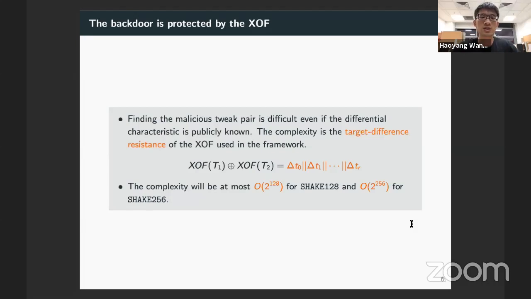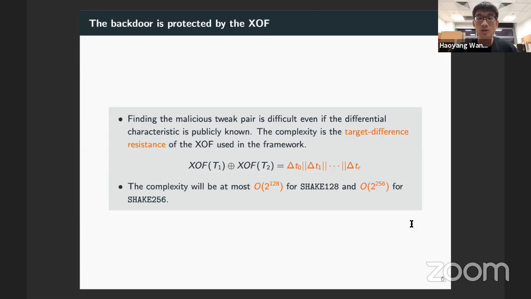Even if the differential characteristic is publicly known, that is, the plaintext difference, the internal state difference, and the subtweak difference are all known to the public, we show that it's still difficult to find the malicious tweak pair. Actually, this task is equivalent to the target difference attack on the XOF used in the framework.